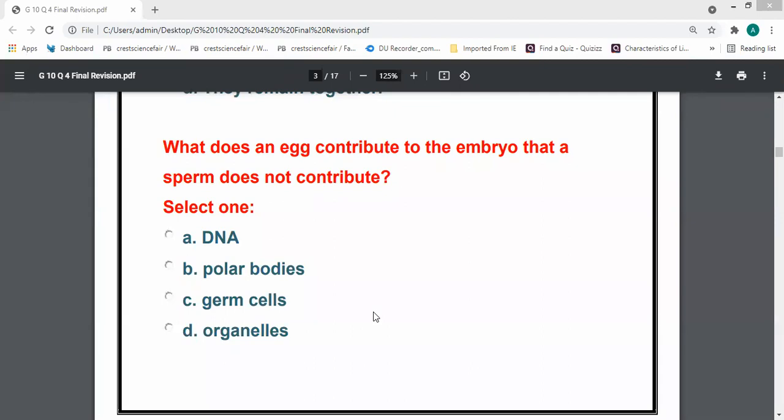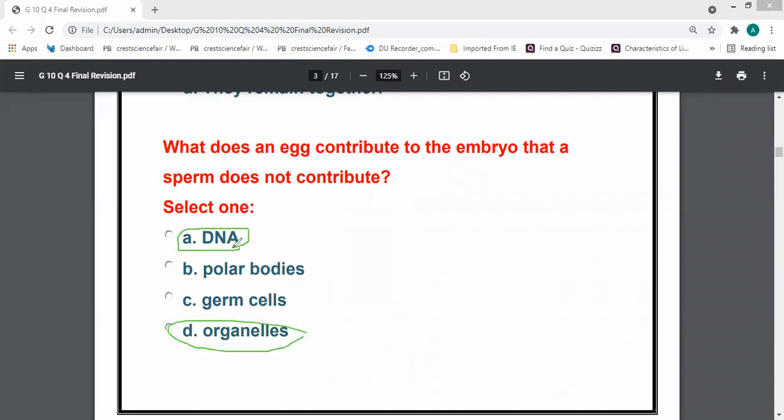What about organelles? Do you know the meaning of polar bodies? No. You chose this one depending on what? Organelles. The right answer is organelles.